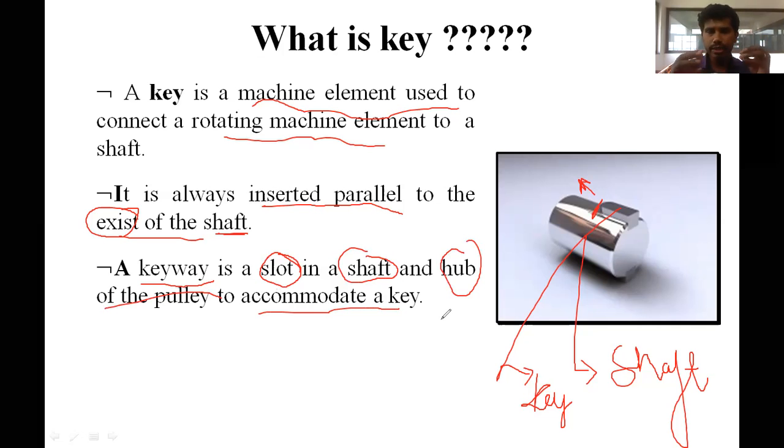The shaft is connected to that pulley, arresting the relative motion between the shaft and the prime mover elements or the gears. So keys are used. There is a slot, and in this slot we place the key, so that it is fixed and has a tight friction fit with the shaft.